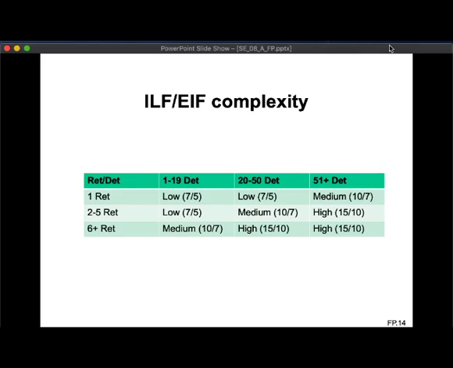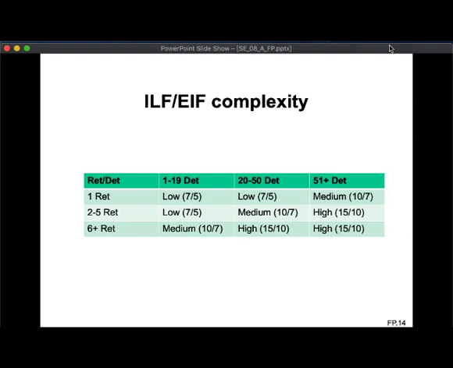Typically there is a conversion matrix that was derived by the standards organization that maintains the function point. If you have one RET and between 1 and 19 DETs, you are low complexity. If you are between 2 and 5 RETs and the number of DETs is between 1 and 19, you are still low.